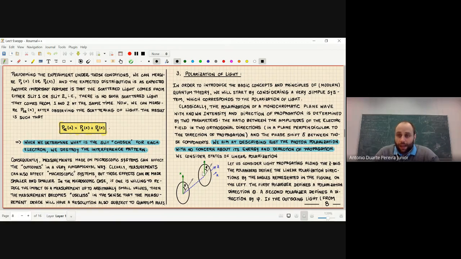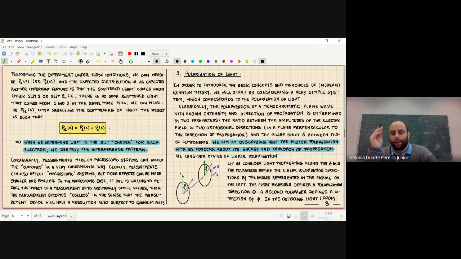So I'm asking that, given that the state was prepared with polarization theta, what is the probability of finding it with polarization phi? Okay, so you see that theta comes first in the experiment and phi comes after.